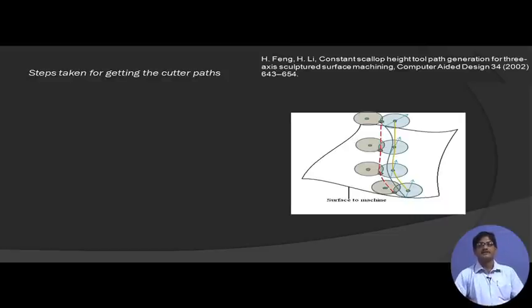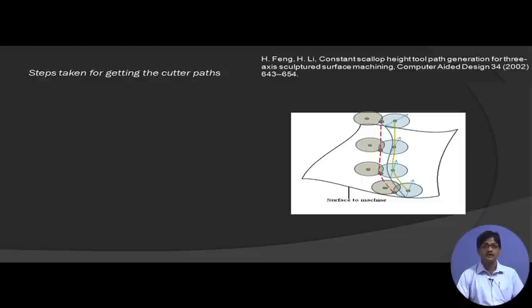We find out the adjacent position of the cutter in the adjacent cutter path from the consideration that it has to touch the surface and it also has to pass through the scallop points which are already determined, and there is another condition, that is the scallop tangent.